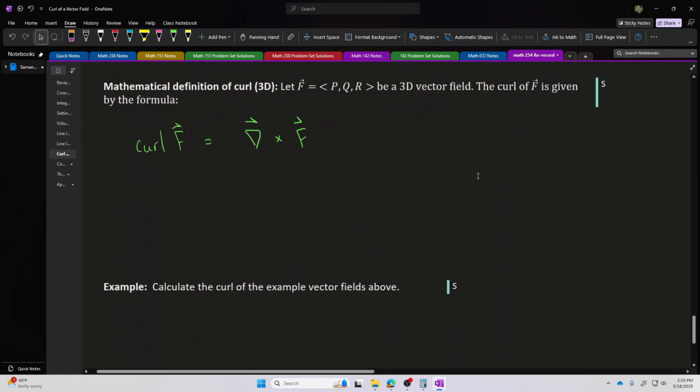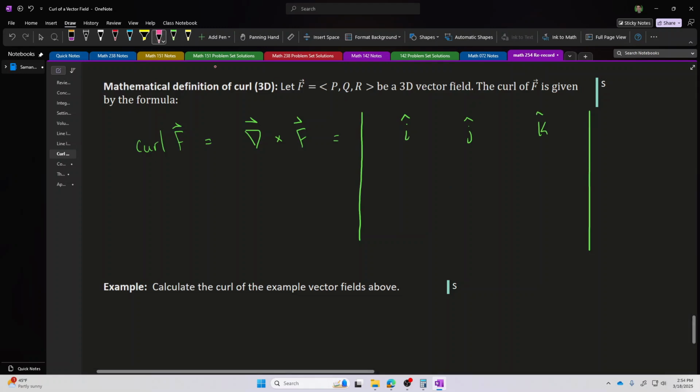Now, remembering the lesson that reviewed cross products and determinants, the cross product of two vectors could be found by taking the determinant of a 3 by 3 matrix. In the first row were the standard basis vectors i hat, j hat, and k hat.